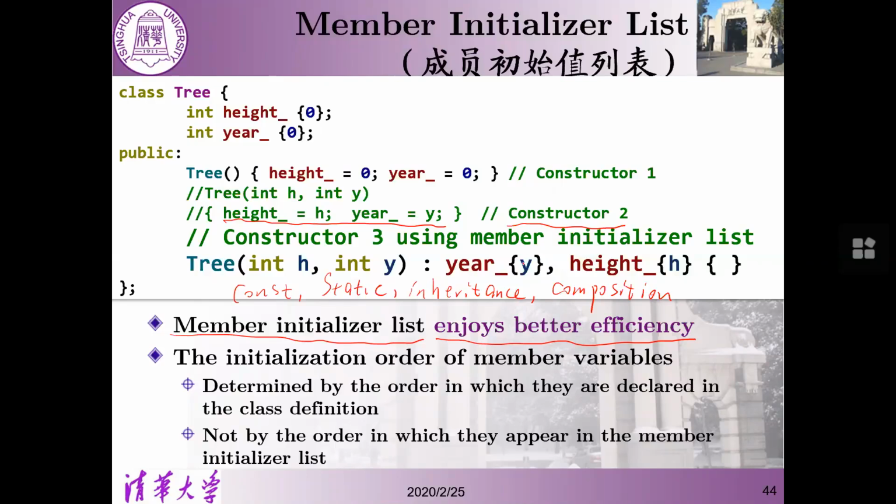But if you use the member initializer list, there's only 1 operation. You initialize it and at the same time assign it a value. Then it has better efficiency. So better efficiency is guaranteed for the member initializer list. So you are encouraged to use the member initializer list, okay.